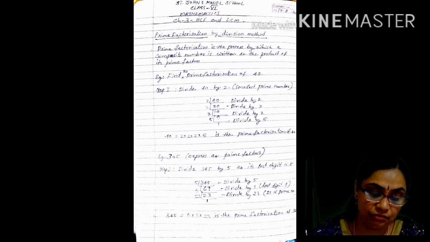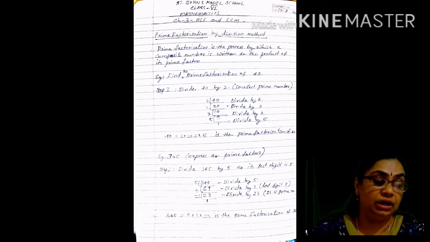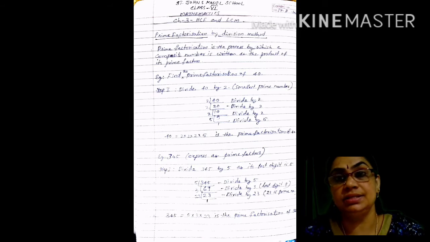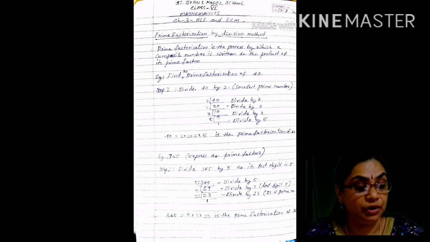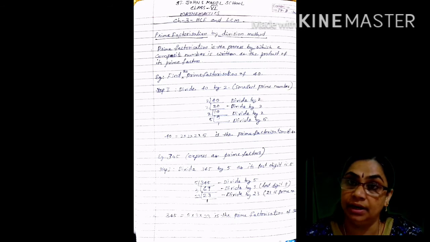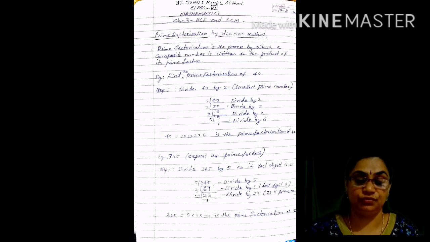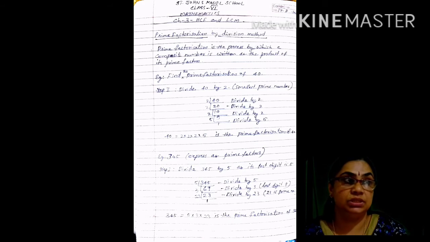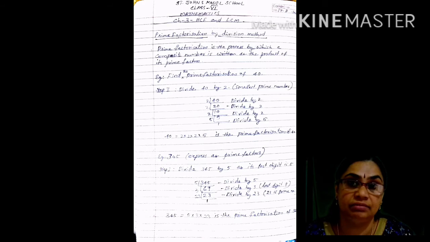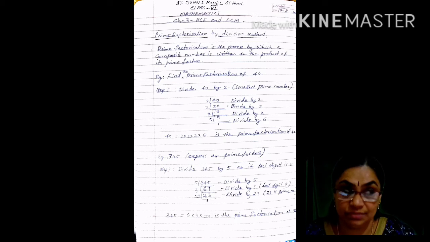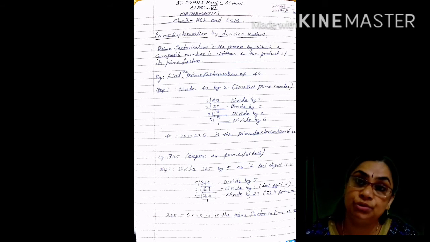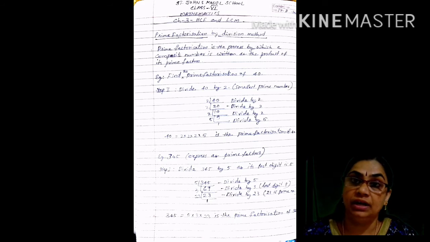Now we move on to our next topic, that is prime factorization of numbers by the division method. How to find the prime factorization? Prime numbers we had already defined: numbers which have only two factors, one and the number itself, are called prime numbers.